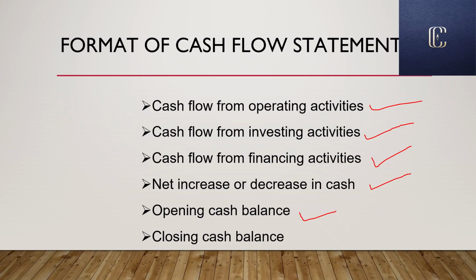It comes from last year's closing balance. The last one is the closing cash balance. Closing balance equals opening balance plus net cash changes. This balance appears in the company's balance sheet. The flow of the format: opening cash, then operating cash, then investing cash, then financing cash leads to closing cash.